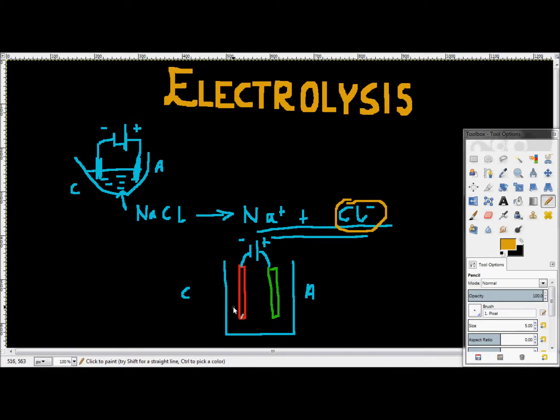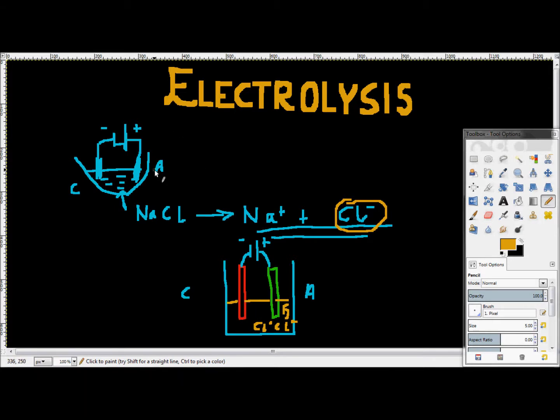So in the electrolyte you have these Cl minus ions, which of course need to lose their electron. So all of these migrate towards the anode and just get stuck on it and lose the electron, become stable.